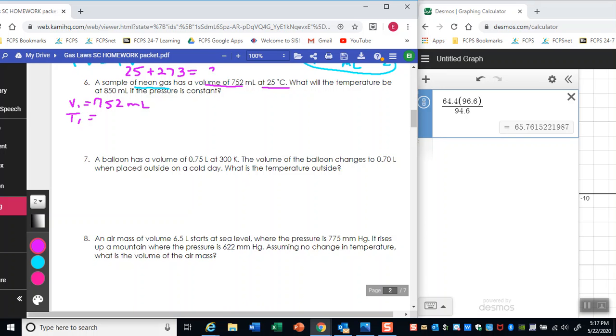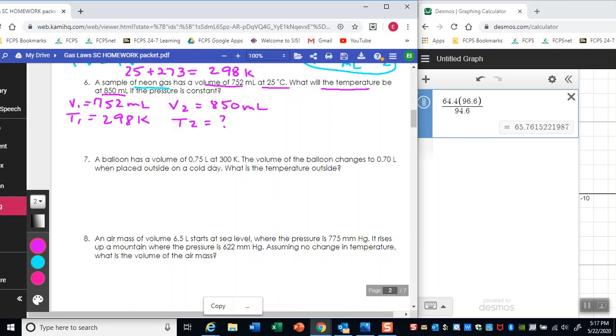So that would be 298 Kelvins. And it says, what will the temperature be if you have 850 milliliters? So I have a new volume, which is 850 milliliters. What is the temperature? I don't know the new temperature, so that is my unknown.